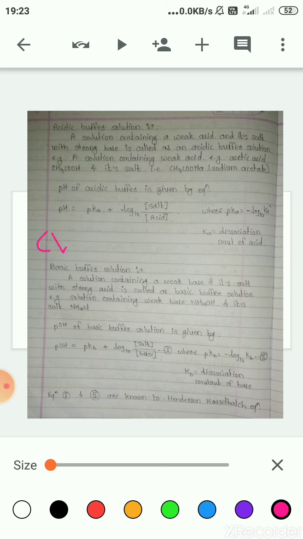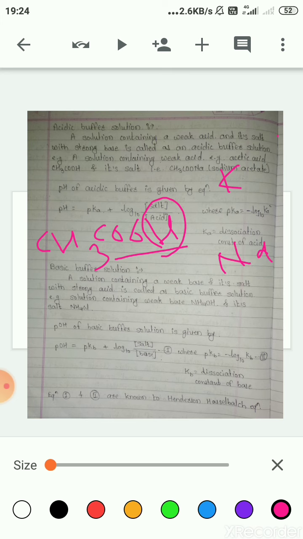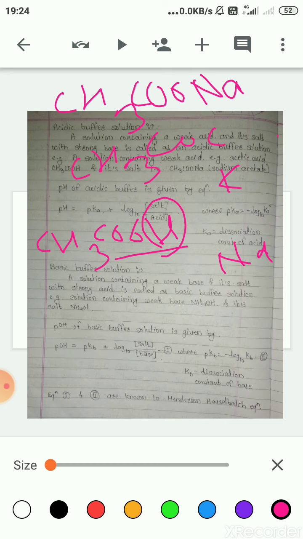CH3COOH is a weak acid, and if this hydrogen is replaced by potassium or sodium, then we get CH3COONa or CH3COOK. This is the sodium salt of acetic acid and this is the potassium salt of acetic acid.